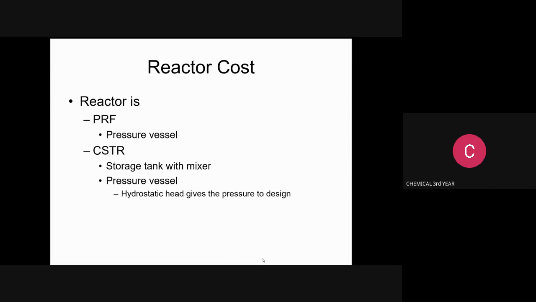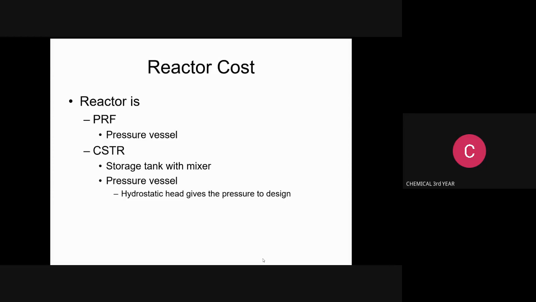All the industries are mainly concentrated on their profits only. Profit means it is money based. According to that profit, they have to reduce the reactor cost, labor cost, and like that, expenses.